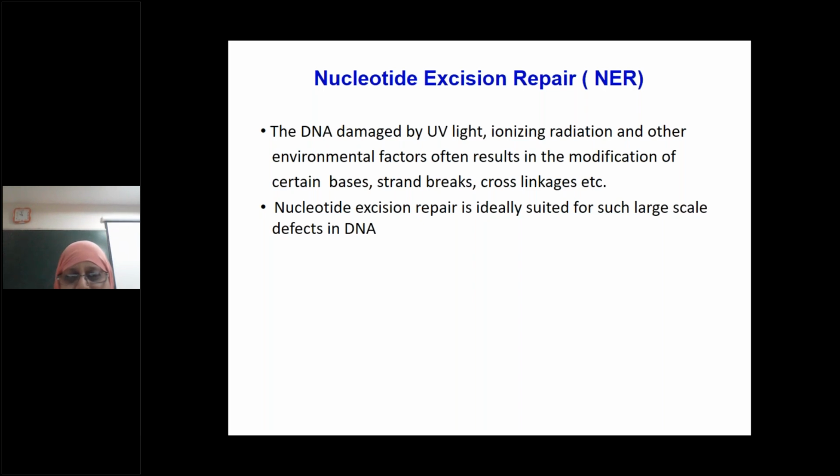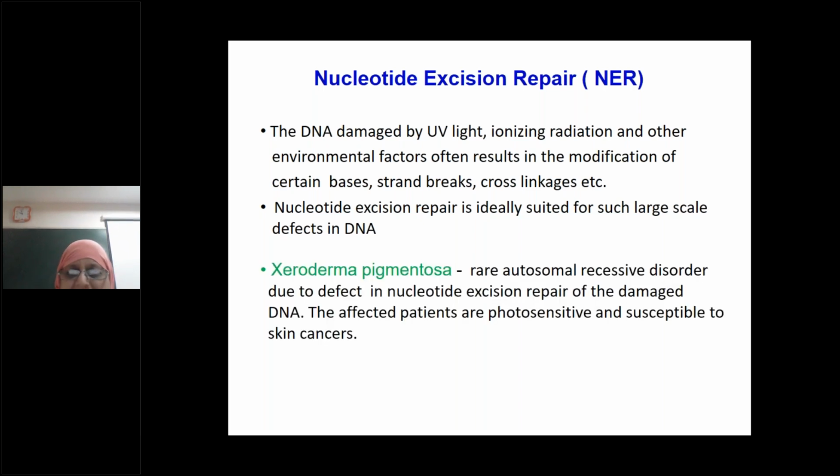If this repair does not take place, it may result in rare conditions such as xeroderma pigmentosa. This is a rare autosomal recessive disorder which occurs due to a defect in the nucleotide excision repair of damaged DNA. The affected patients will be photosensitive and susceptible to skin cancer.